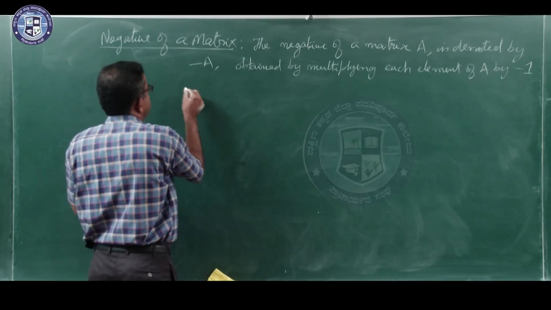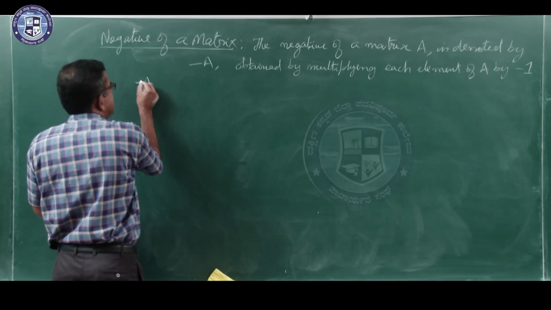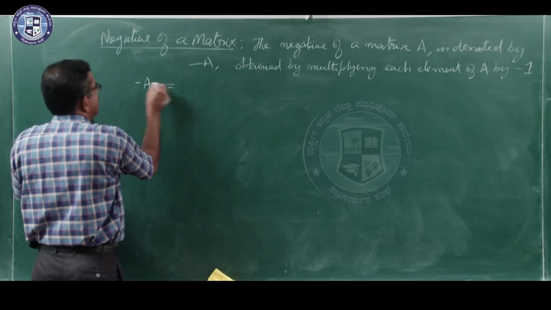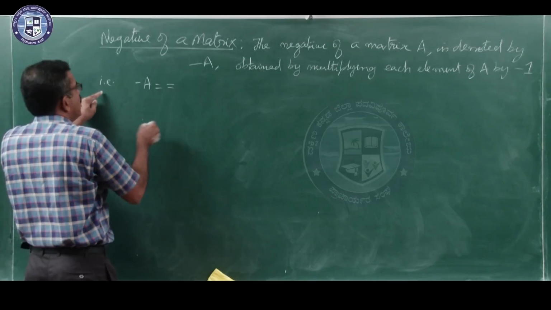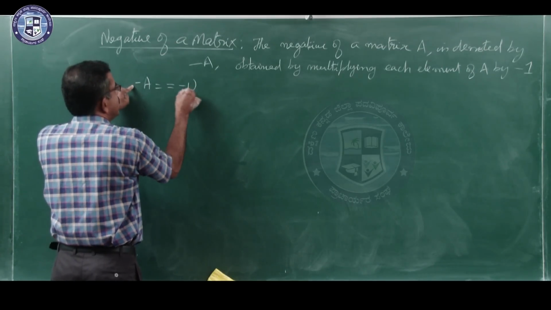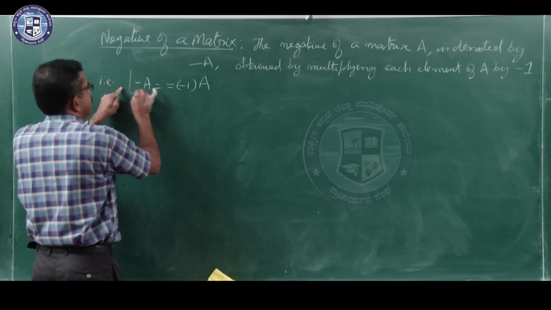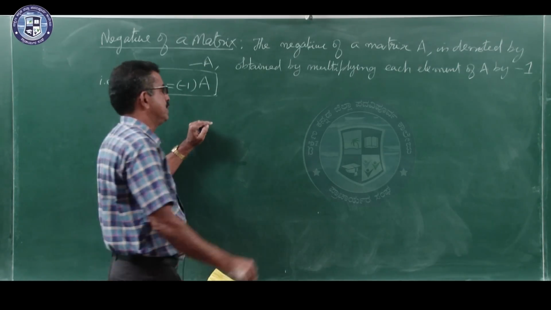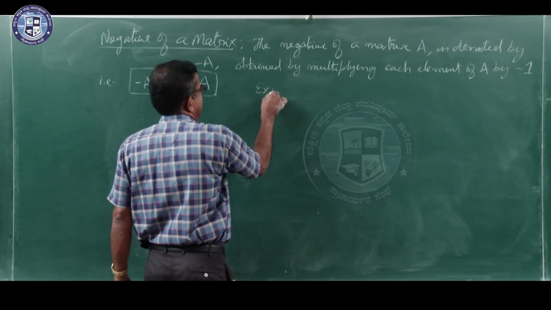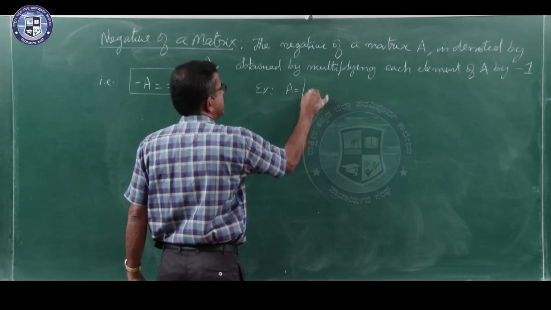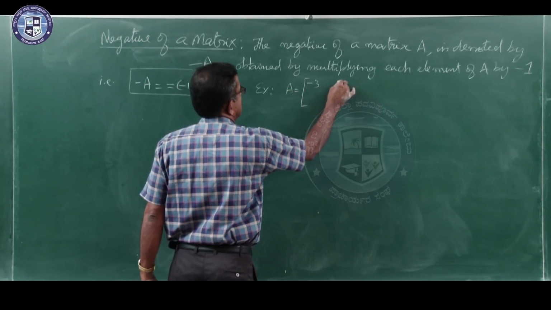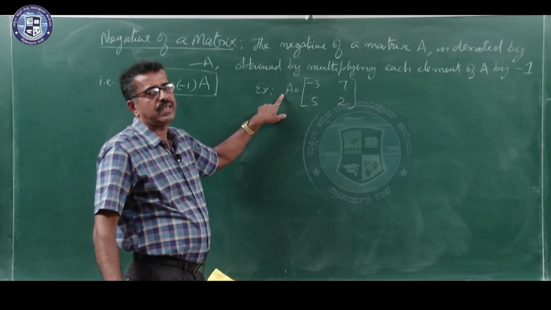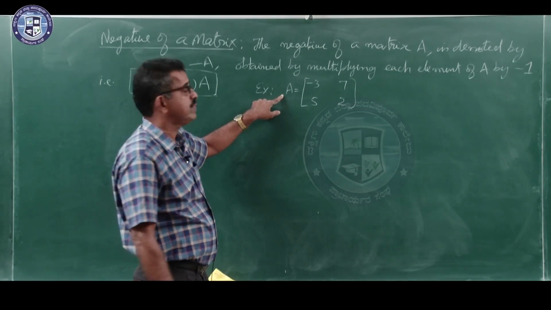I can take here the matrix minus A. How can I write minus A? Minus A can be written as minus 1 into A. That is the negative of a matrix. I will give you an example: if A is a matrix with minus 3, 7, 5, 2, can you please tell me what is the negative of this matrix?